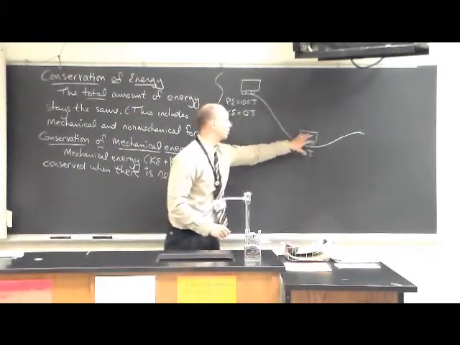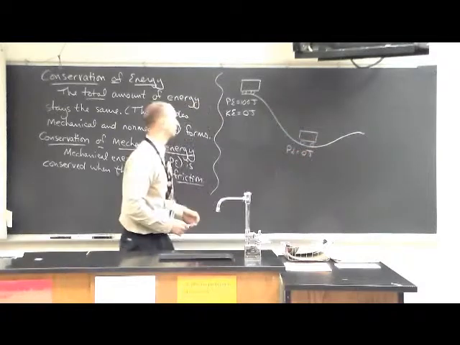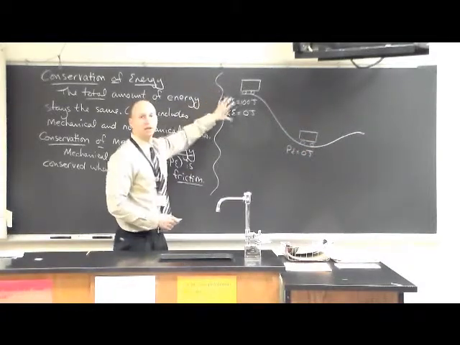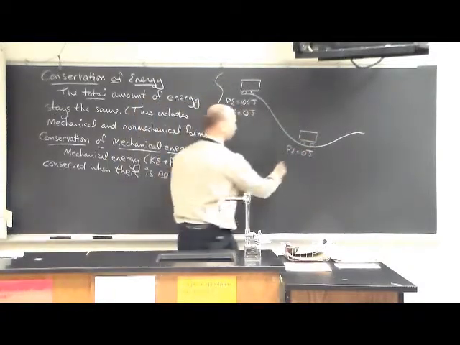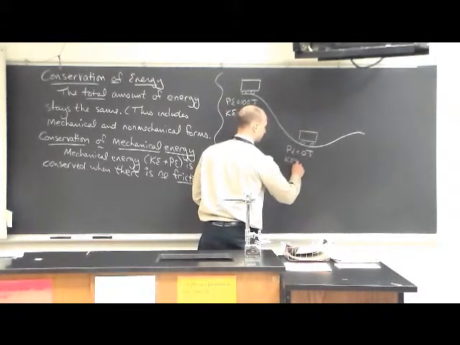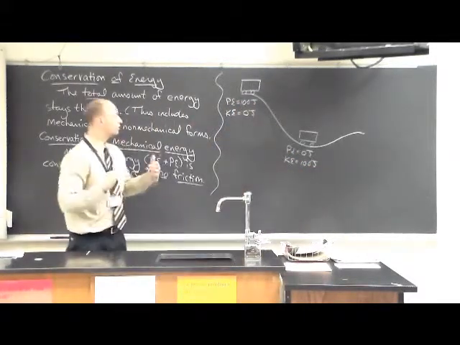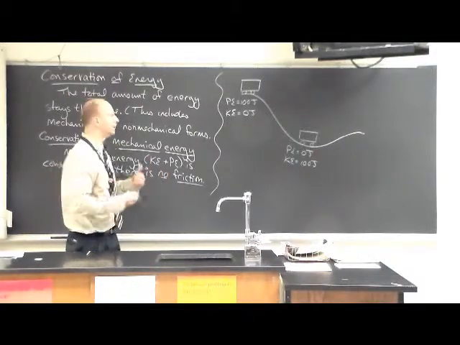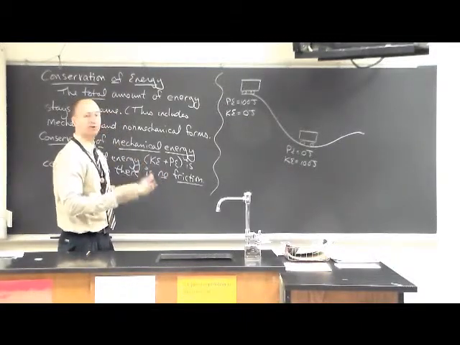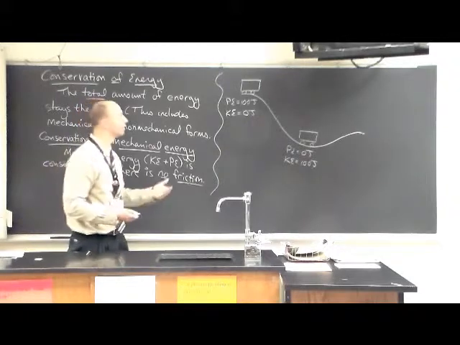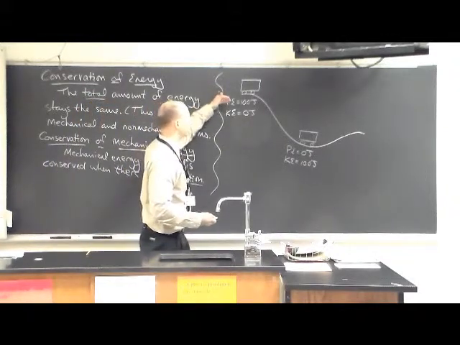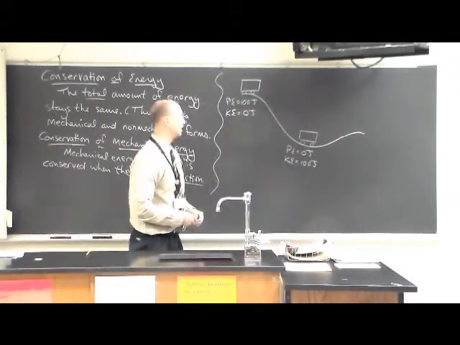So since we're at 0 height, it has no potential energy. So all that potential energy turns into kinetic energy. So the kinetic energy goes up by 100 joules. The total must stay the same. In other words, energy is simply transferred from one form to another. So the potential energy that's lost goes into the gain in the kinetic.